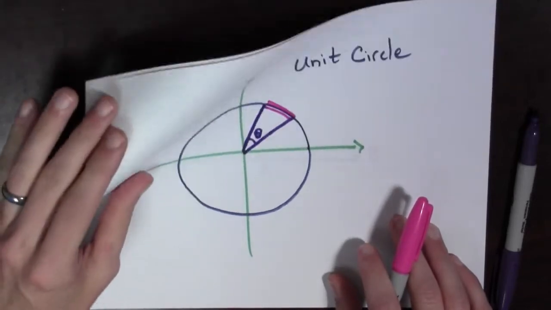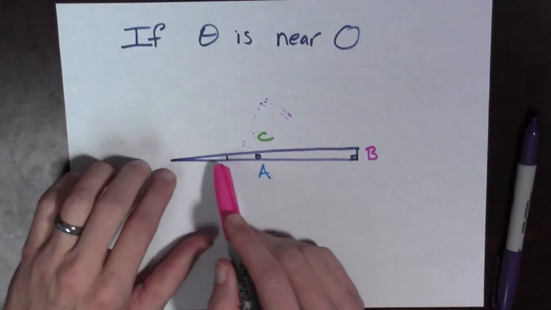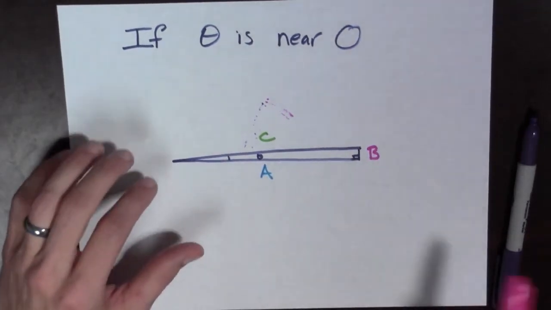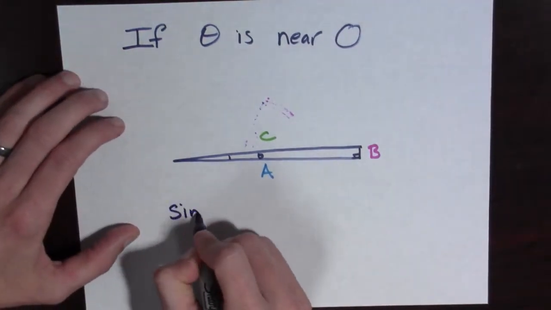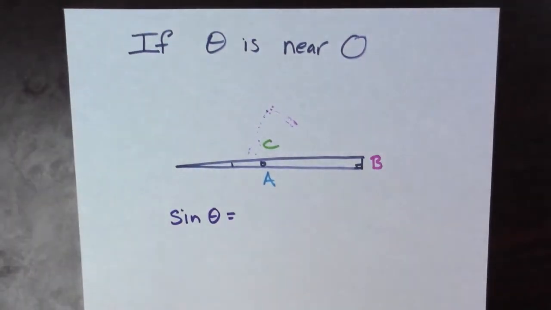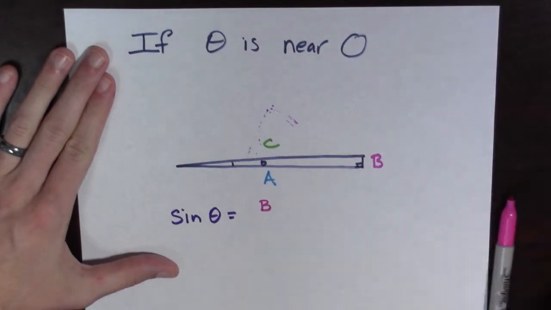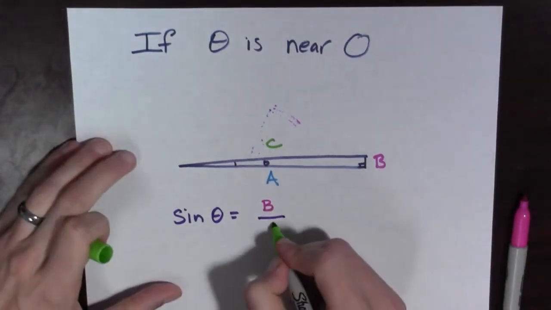The upshot of this is that if theta is near 0, then we have this triangle here. It's skinny, and so on and so forth. And what's sine of theta? Sine of theta, by our definition, is opposite over hypotenuse, is b over c.